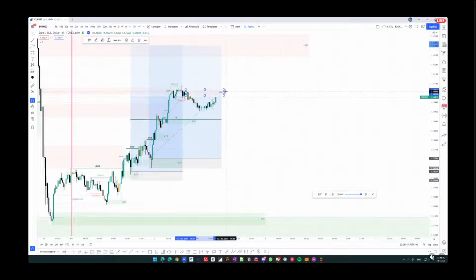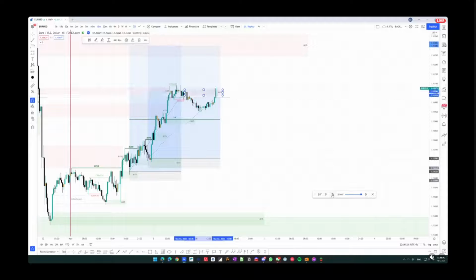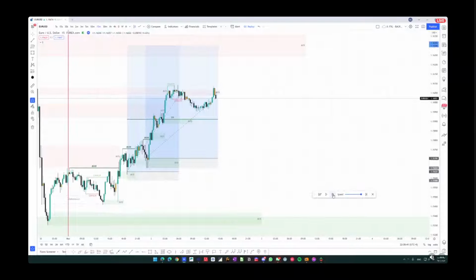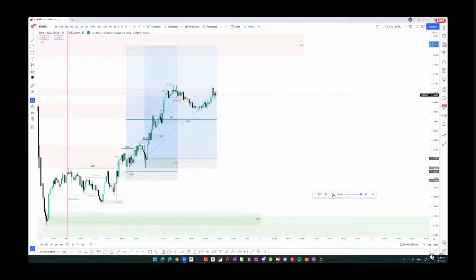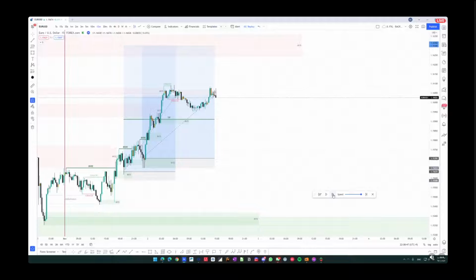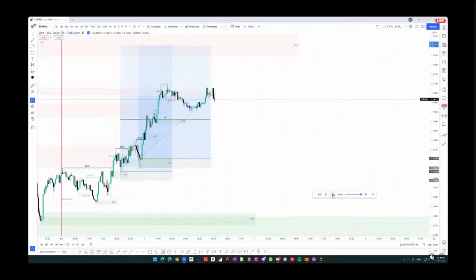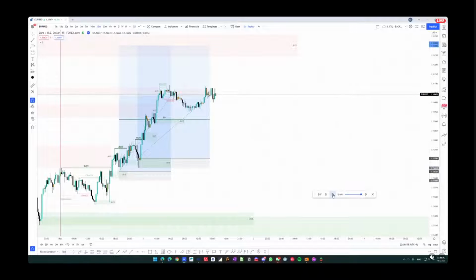So this could be a good area for entries for shorts. Never mind, it broke through. What's it doing? It's consolidating. It looks like it's going to come down.